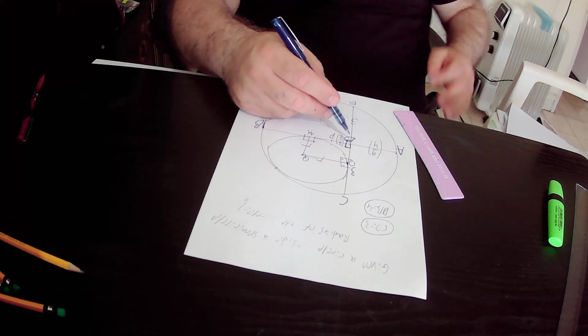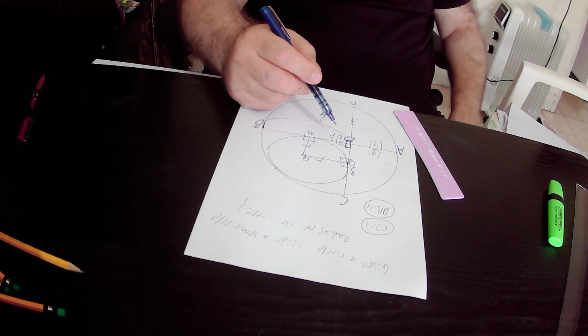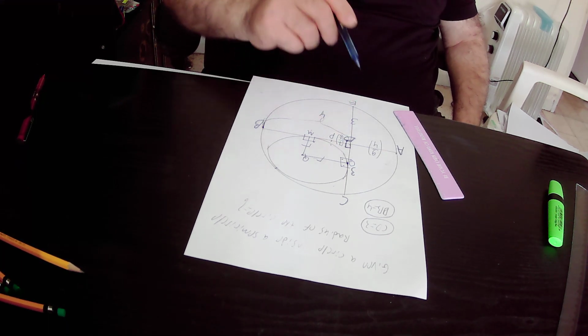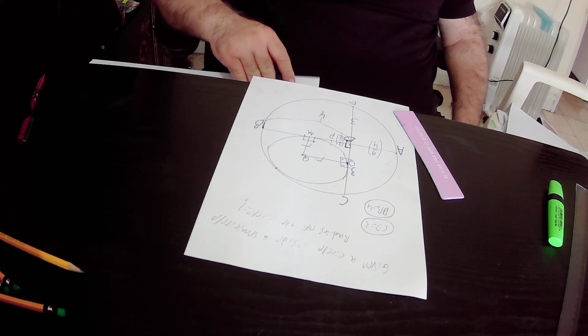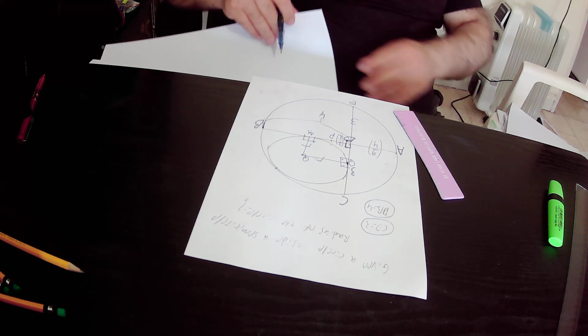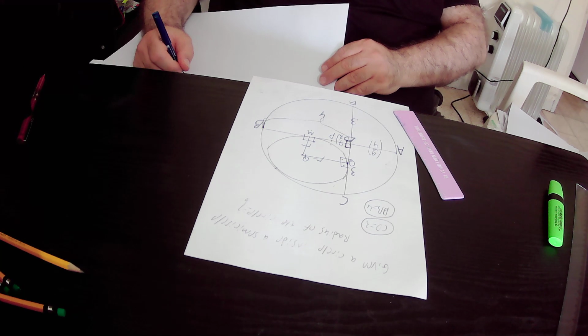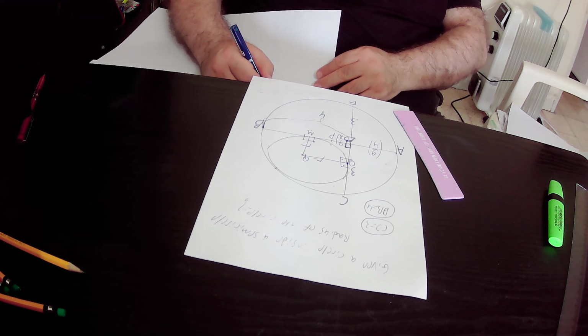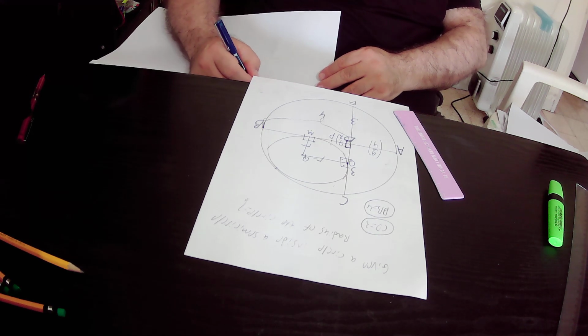So in quadrilateral OQMD we have 1, 2, 3 right angles. I write it down. I repeat it, quadrilateral OQMD.